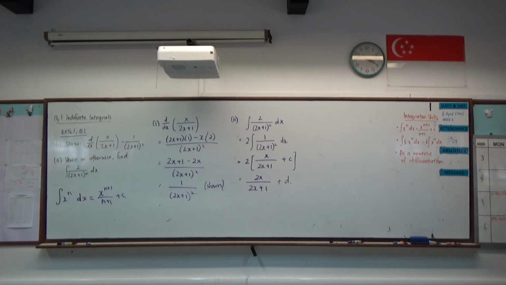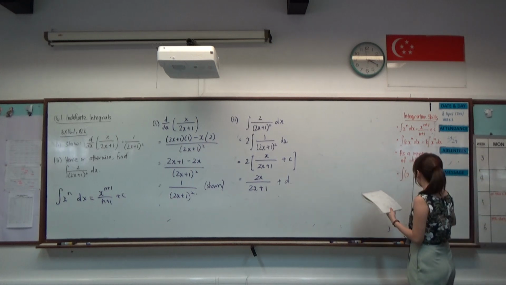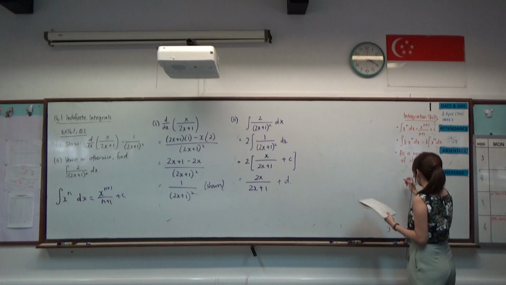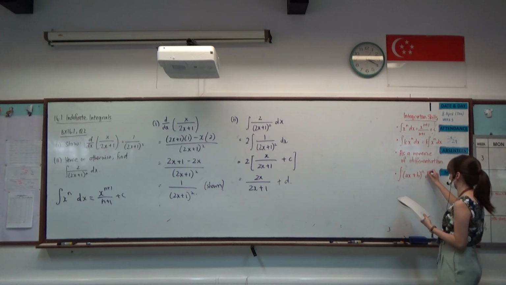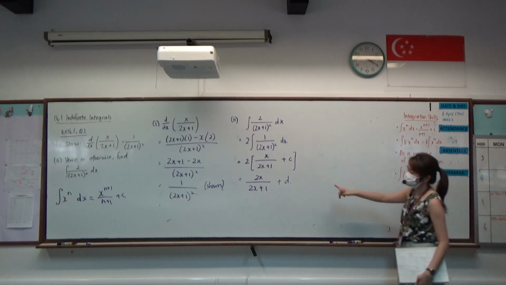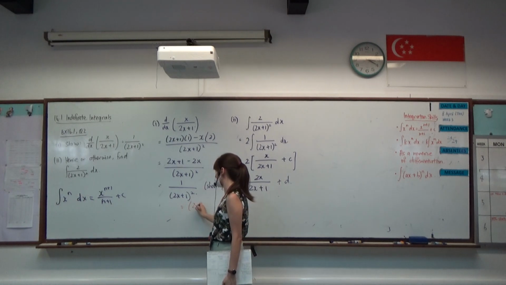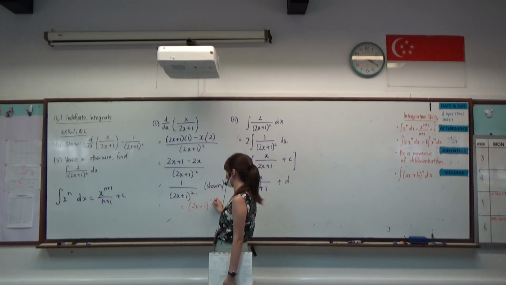Next thing that I will cover is actually to learn how to integrate ax plus b to the power of n dx, which actually is what we are saying over here. In other words, 2x plus 1 to the power of negative 2.